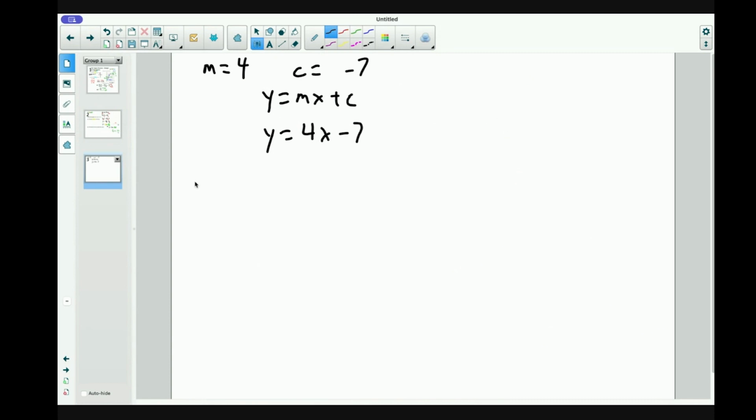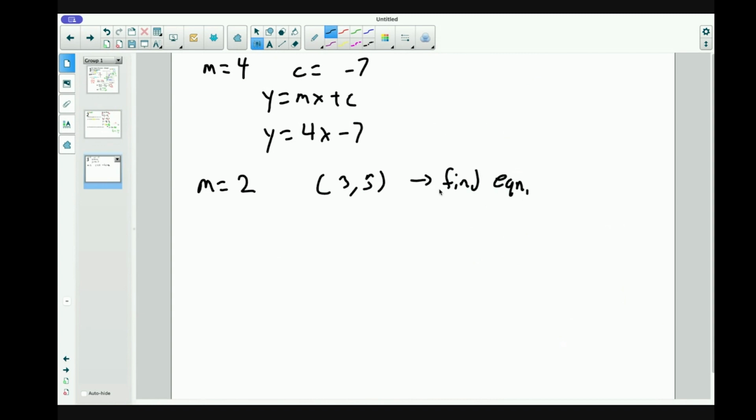So let's say we have something slightly more difficult. Let's say we know that your gradient is equal to 2, and we have this point, which is 3 and 5. What we need to do is find the equation.